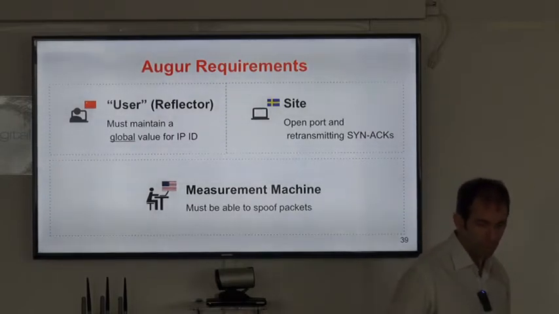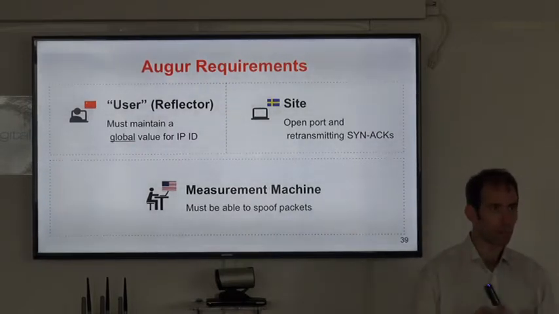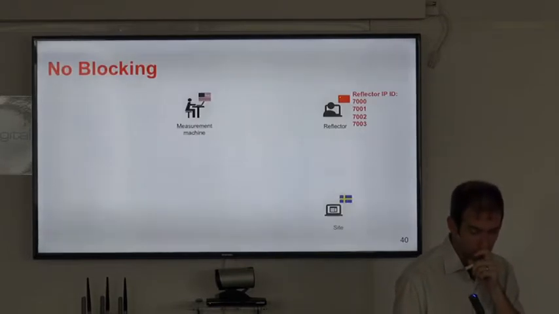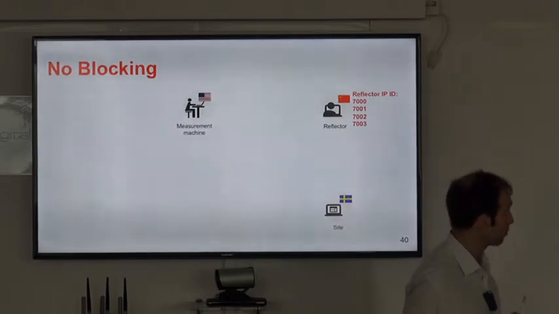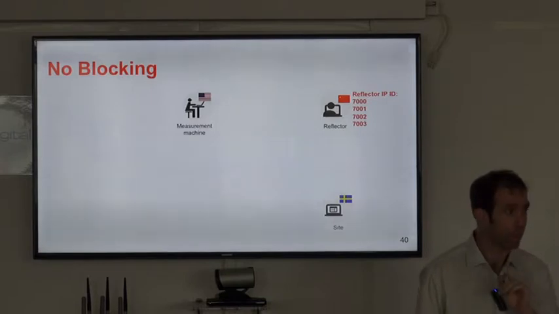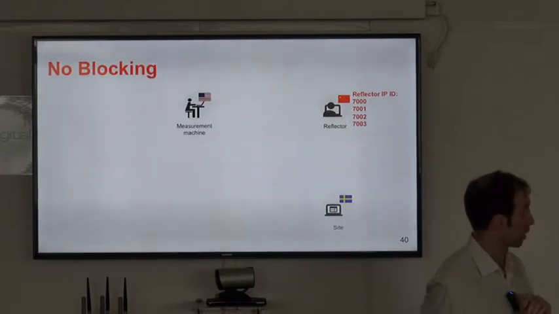Now, there's blocking in a couple different directions, and we want to disambiguate both directions. But before I get to that, let's talk about what would happen in the case where there's just no blocking. So we've got our measurement machine.